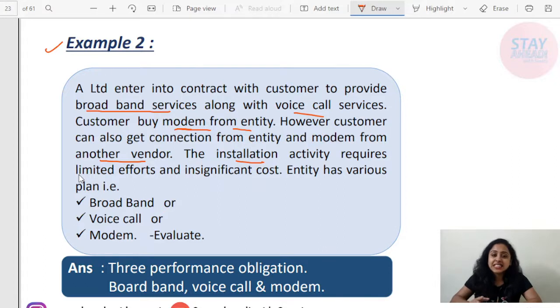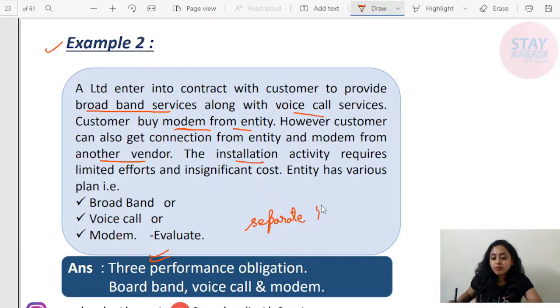So these are insignificant, not major, and the customer has full freedom either to purchase broadband or voice call or modem. Therefore, these all will be treated as separate performance obligations.